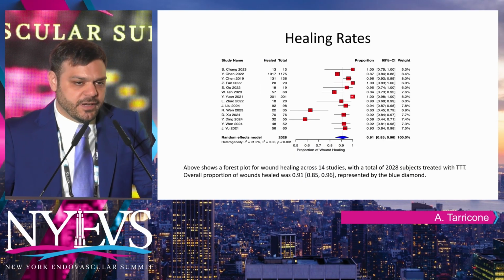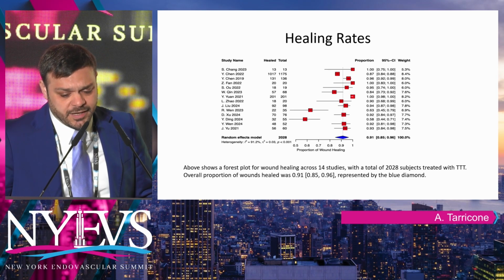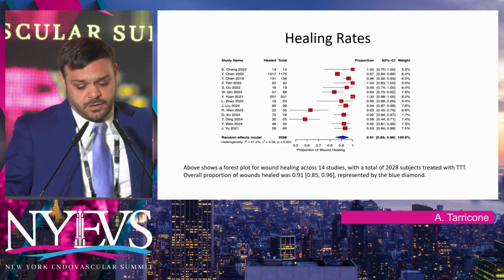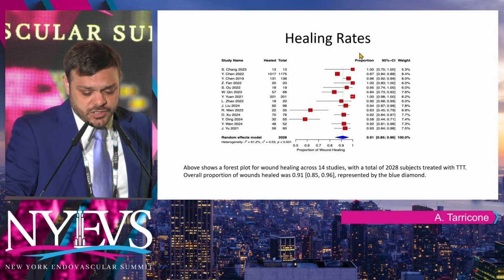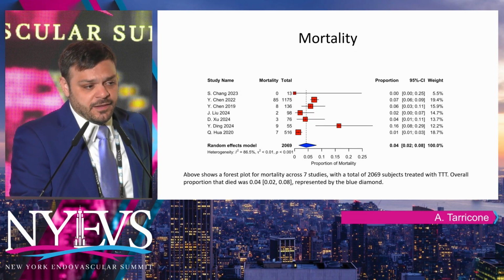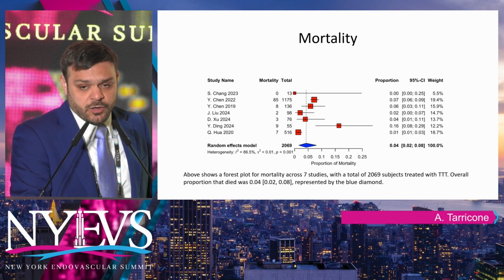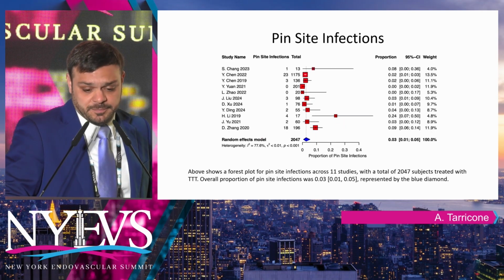Same thing with the healing rates. Pooled analysis showing a healing rate of almost 91% across these patients, and this rate looks at over 2,000 patients. The mortality rate, less than 5%. So a really stark difference compared to the endovascular data, and almost difficult to believe.